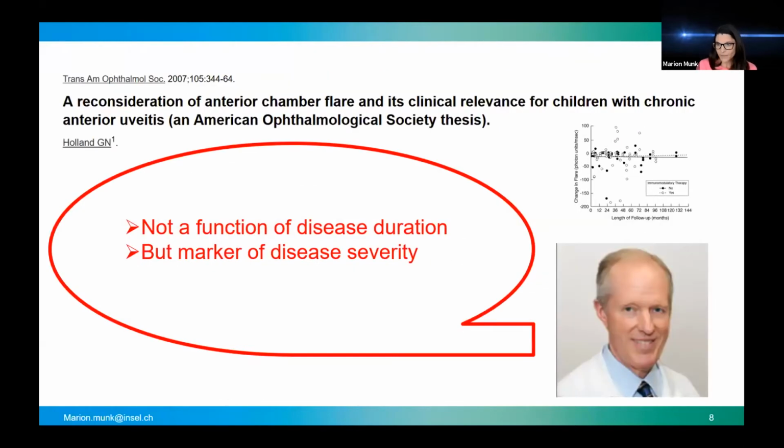Nonetheless, we know that flare assessment, on top of the anterior chamber cell assessment, is very, very important, because in older days, people assumed that anterior chamber flare is rather a function of disease duration, but it has been shown that it's really a marker for disease severity and disease activity.